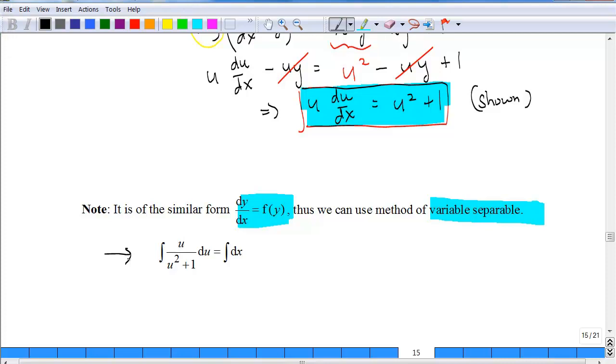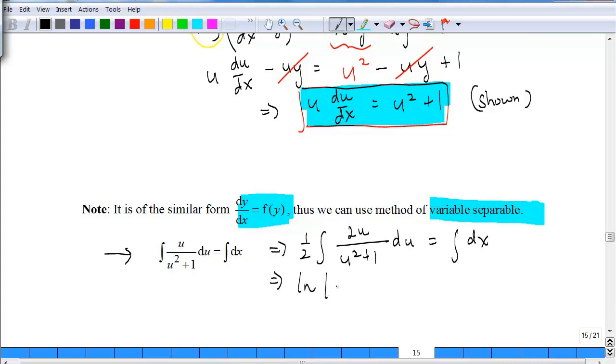still not too bad, because from here you can actually rewrite this in this form, 2u, half, and then u squared plus 1 du, and this is dx. So on the left side, you know that this is ln modulus of u squared plus 1, and of course don't forget the half, equals x plus an arbitrary constant c.